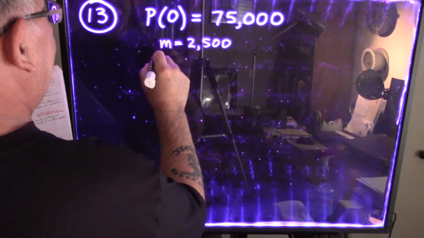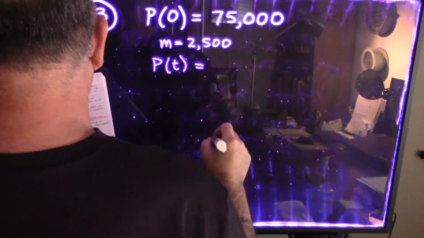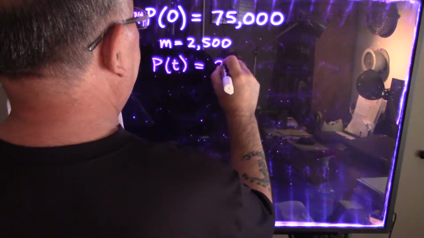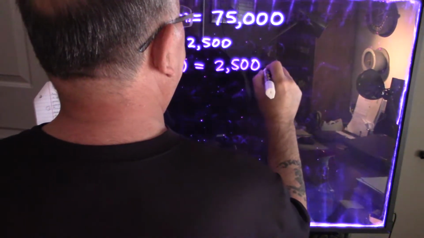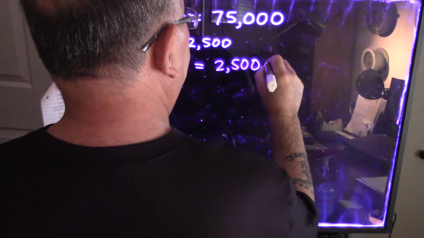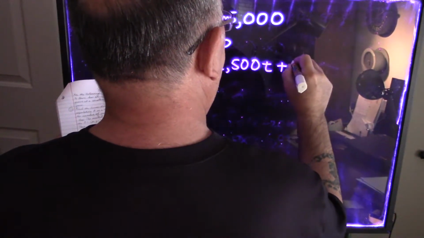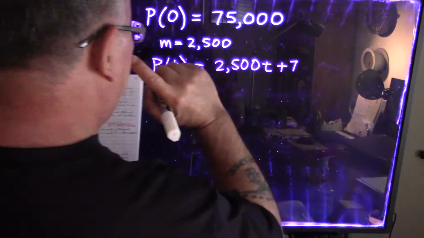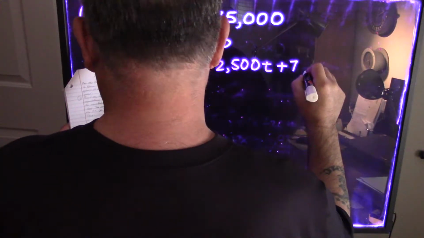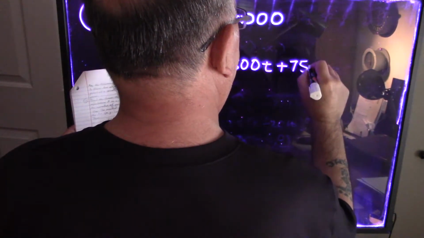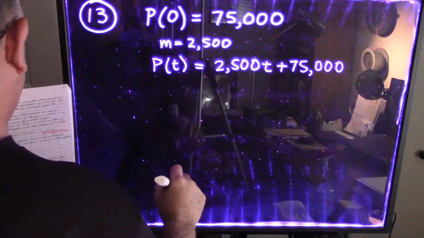So P of t is our function, and that's equal to 2,500t. I'm using t's instead of x's here. Normally we'd use an x, but we put a t there. Plus 75,000, following the format y equals mx plus b, right? 75,000, which is our y or p-intercept.